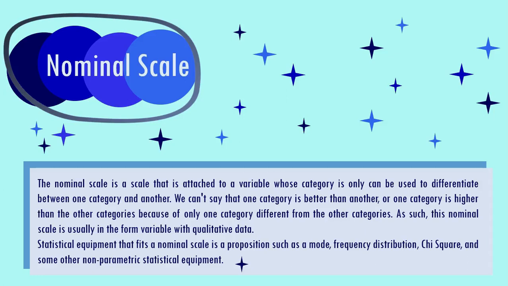As such, this nominal scale is usually a variable with qualitative data. Statistical tools that fit a nominal scale are the mode, frequency distribution, chi-square, and some other non-parametric statistical tools.